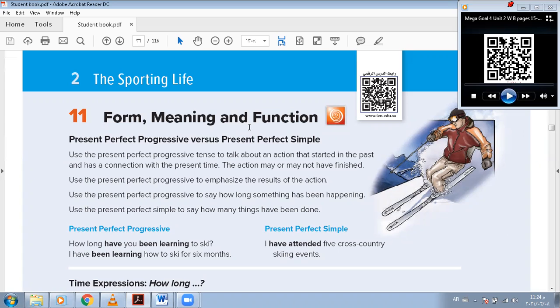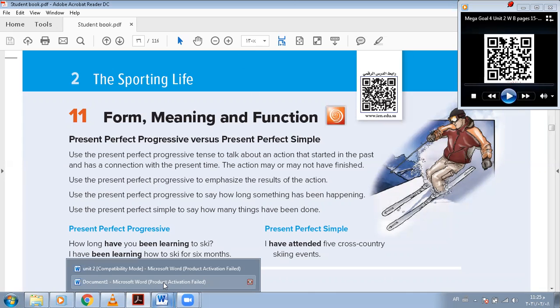As you see, my dear students, we are going to explain a new rule. It's related to the present perfect progressive versus the present perfect simple. At first, I want to write two sentences.